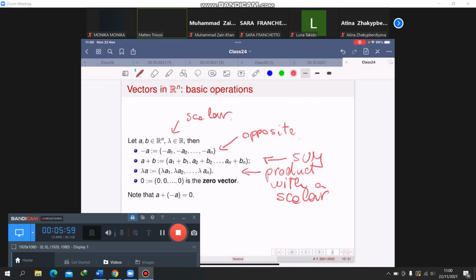The multiplication of a vector by a real number, by a scalar, is a vector having for its coordinates the product of the scalar with the corresponding coordinate of the original vector. And the origin is also called the zero vector.